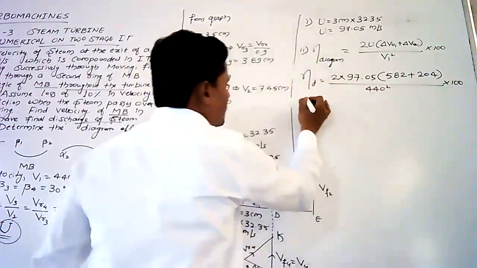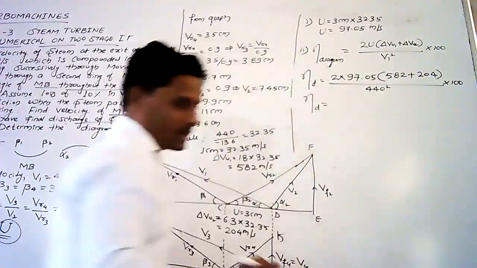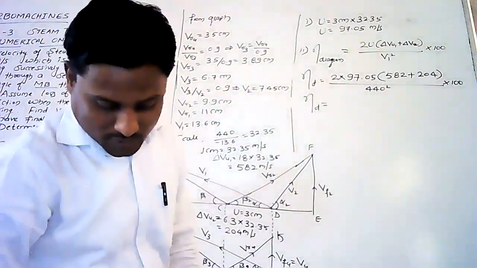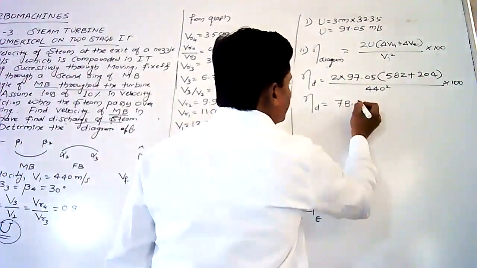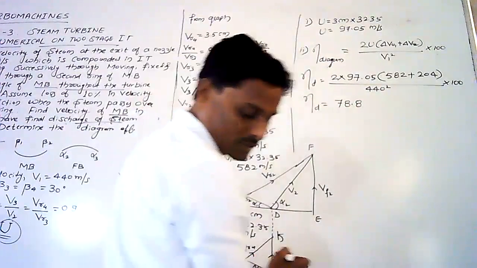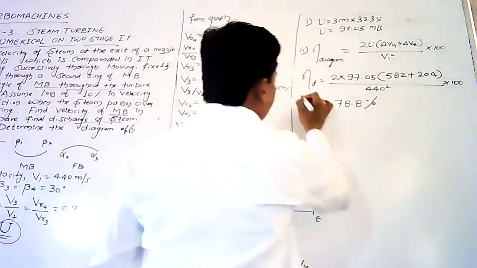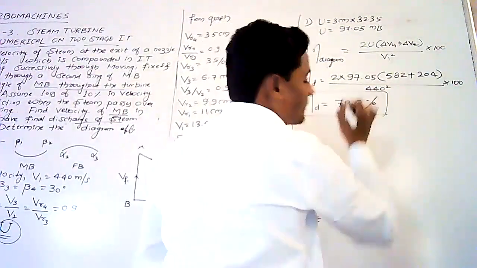So this will give you the value of diagram efficiency in terms of percentage. The expected answer is 78.8%. This is the value for diagram efficiency.